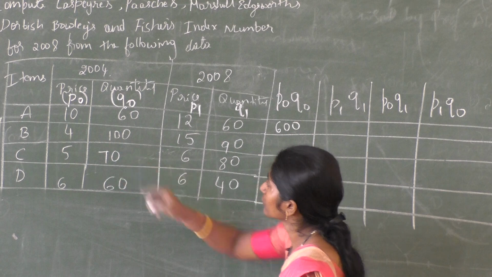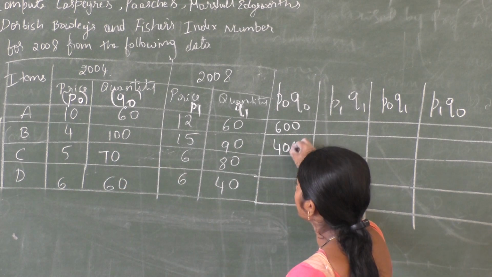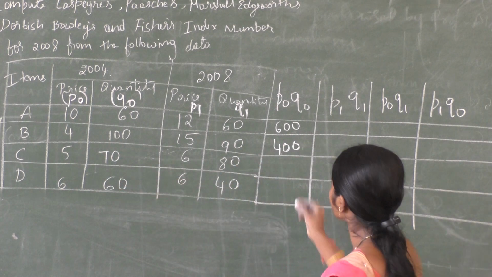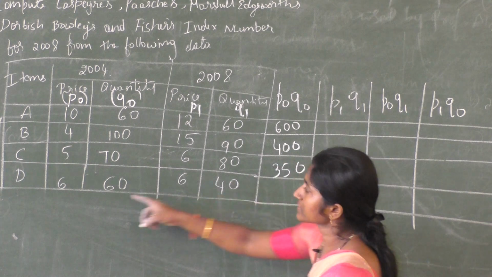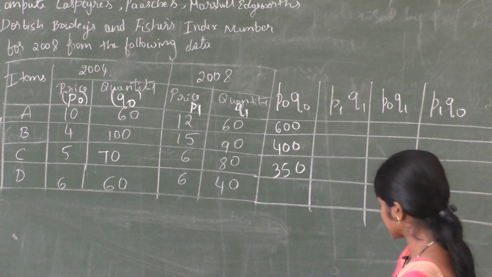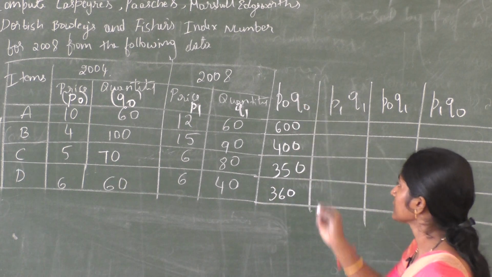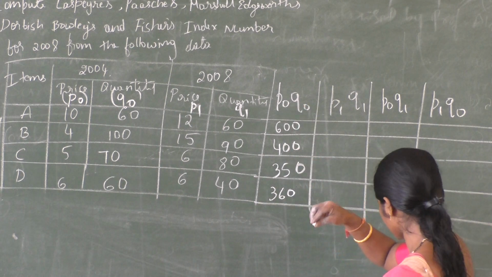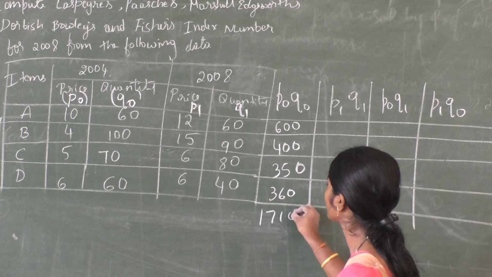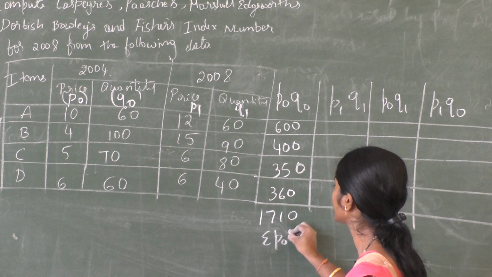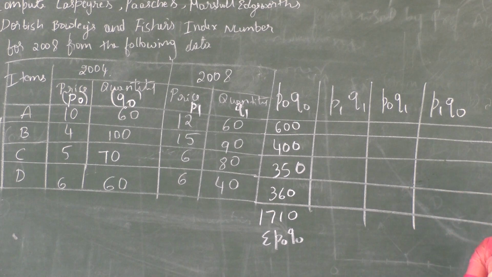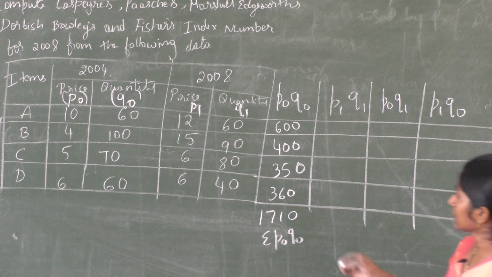Then 4 into 100, that is 400. 7 into 50, 350. Again 6 into 60, 360. Add all these values. Your answer is 1710. This is the total of P0 Q0.